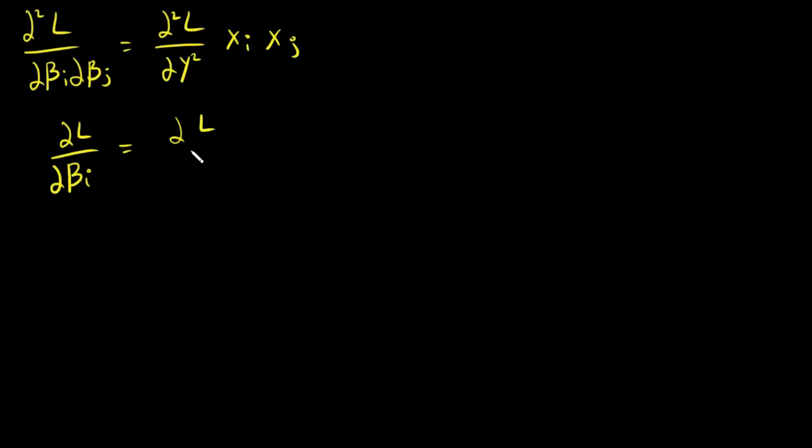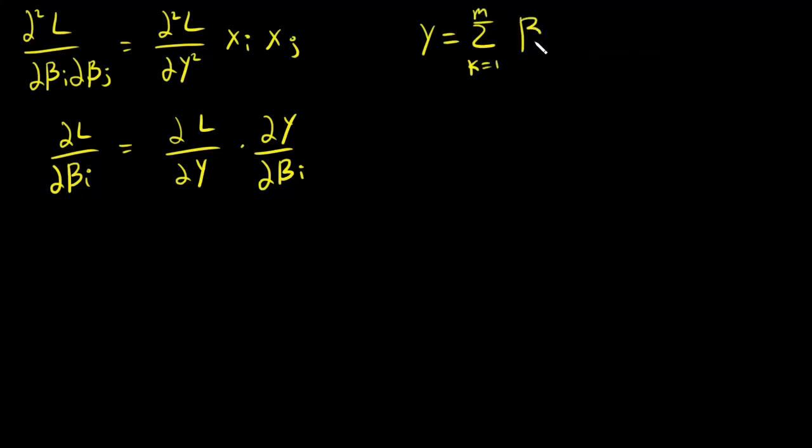Using chain rule, this is the same thing as the first derivative of the log likelihood with respect to y times the first derivative of y with respect to beta i. You can kind of see how they cancel. This is chain rule. The reason this is really nice is because if we remember, y is the sum from k equals 1 to m of beta k x k.